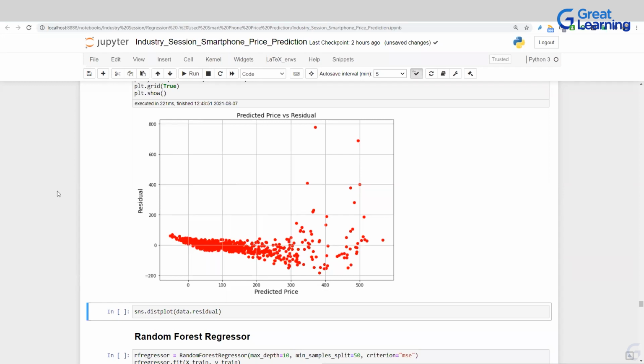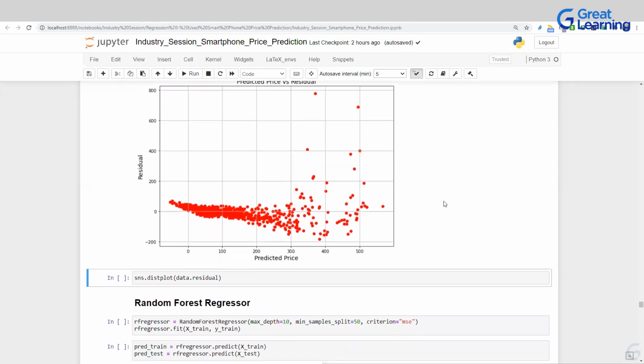Although we are able to get a good R-square value, RMSE is also a good way of understanding the accuracy, which shows a very high error at the moment, right? And the plot also says that we are predicting okay within a price range of 100 to 200 mostly, right? The residual is very close to 0, but post 200, if the price of the predicted phone increases, the error in the model increases a lot.